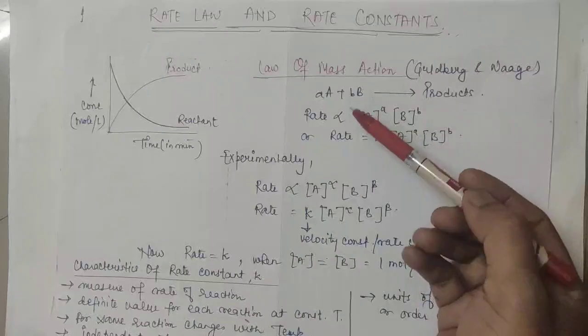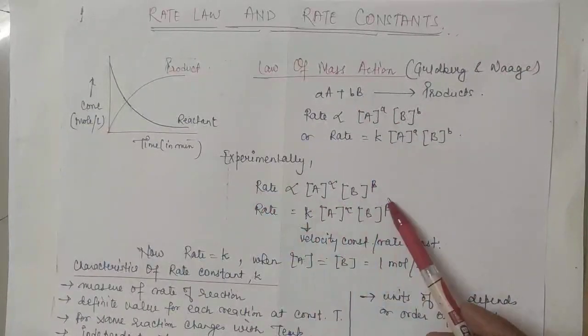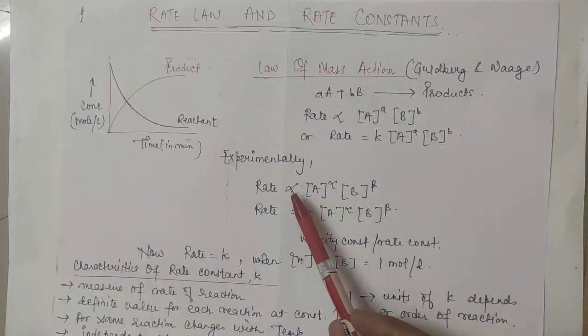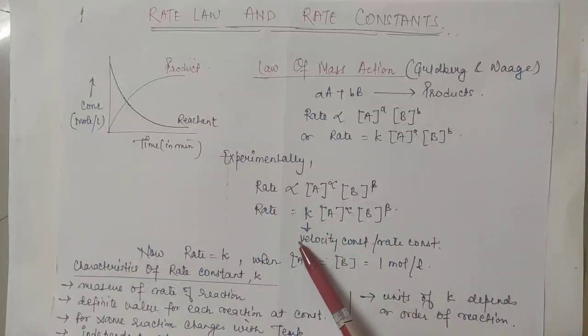This formulation is known as the rate law. Here also, removing the proportionality sign, we get the constant K.